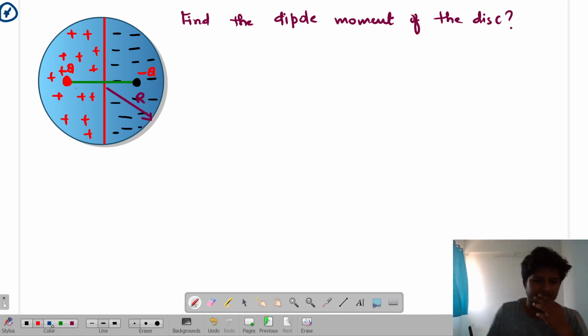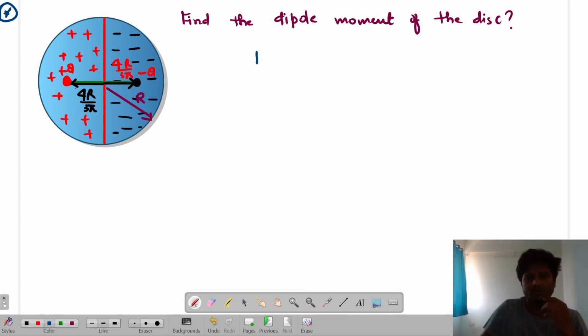Is that clear? Remember that this distance from the center is basically 4r by 3 pi in a semicircular disk. Just like center of mass, you have to remember it. Is that clear?